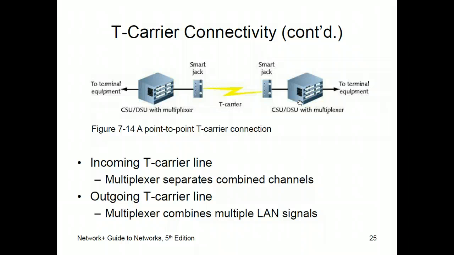So you've got your incoming and your outgoing. For the incoming, the multiplexer separates the channels and where it's going, basically what jack it's going to, within that region, because it could be multiple buildings, going from the multiplexer to the smart jack. And then outgoing reverses that logic and goes to the proper multiplexer in that location.